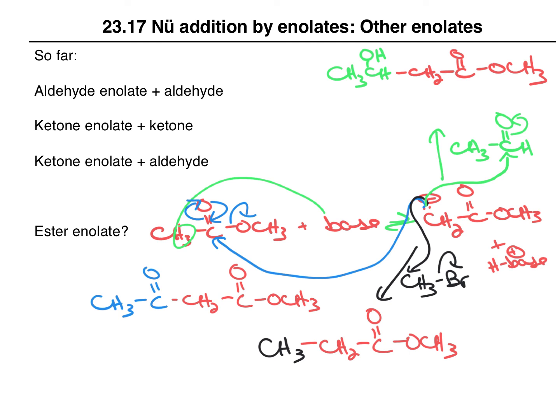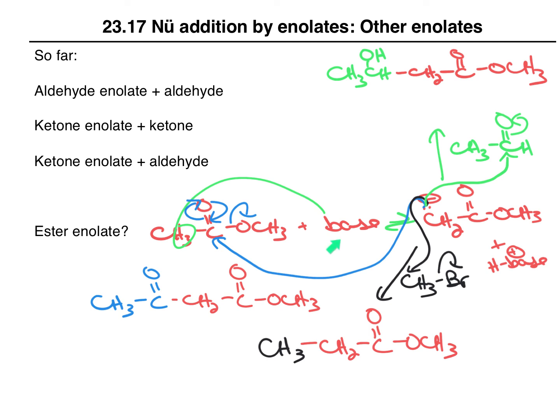However, we have to keep in mind the other things that can happen. So, if we used a relatively strong base such as methoxide, then we would have some enolate but a lot of ester. Then it would be very likely that the ester enolate would react with the unreacted ester, leading to this condensation product.